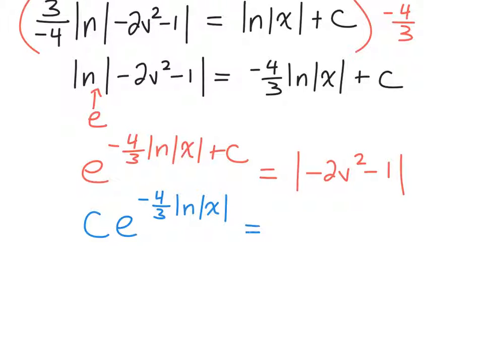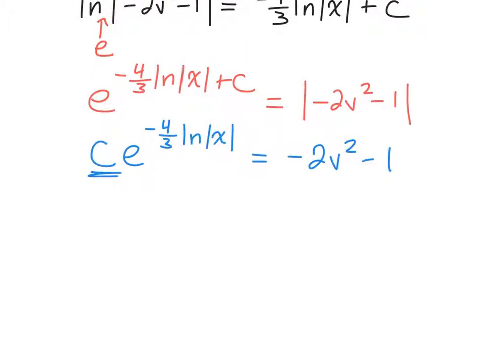Because that c became the coefficient, it would absorb any plus or minuses. So that would make it negative 2v squared minus 1. It could also absorb the negatives there if you wanted to. We could divide everything by negative 1, or we could just sit tight on that. It doesn't really make a difference at this point, because we still need to get rid of v.